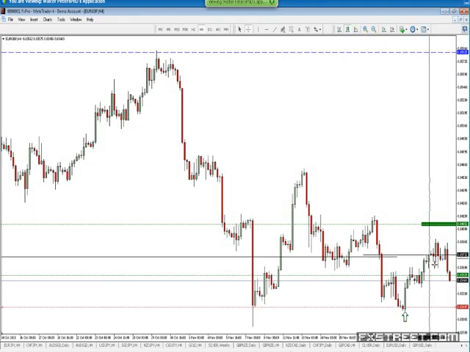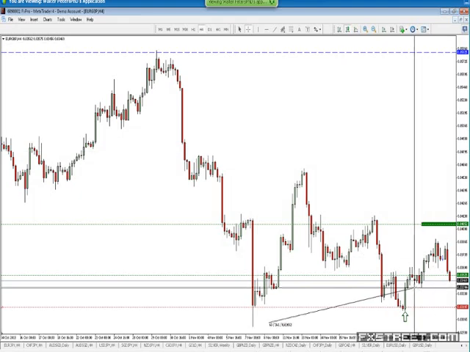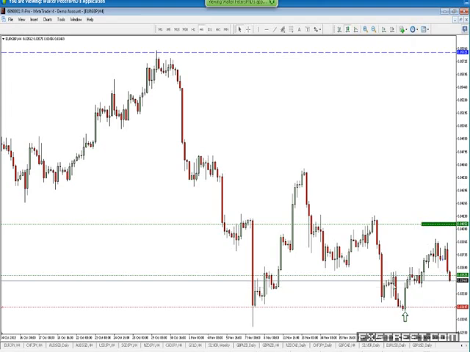So the risk on this one is going to be approximately 42 pips. And the target's going to be about 65, 66 pips up here. And right now you're essentially at break even or plus 10 pips or something like that. Yeah, that doesn't look too good.